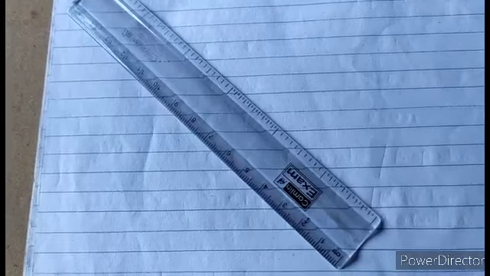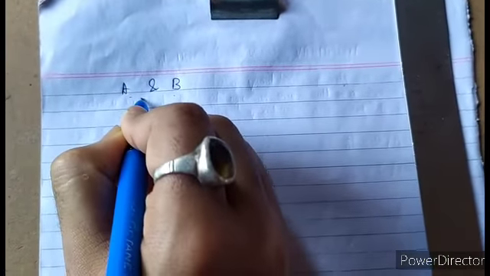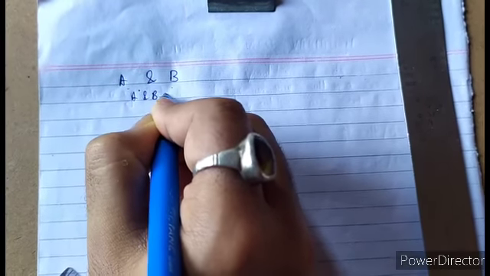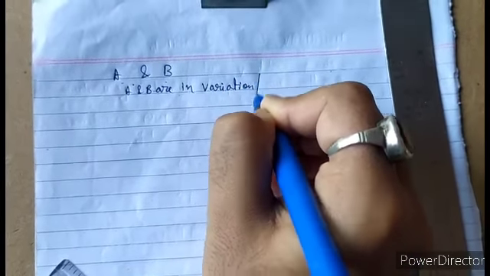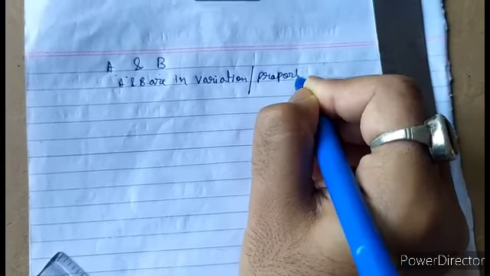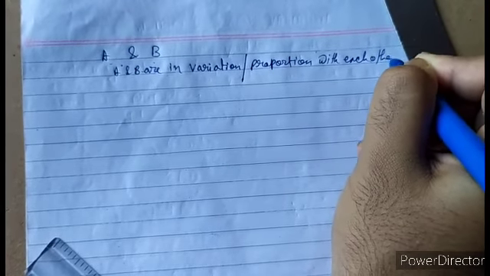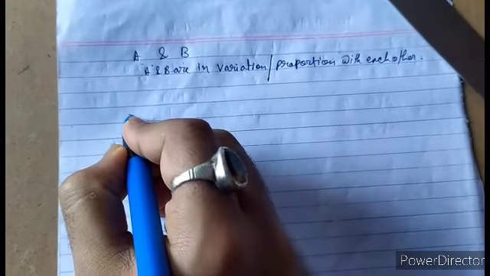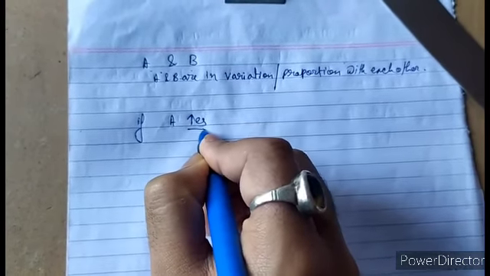In simple words, it wants to say that if there are two quantities, say A and B, and these are in variation or proportion with each other, then if A increases, this sign defines increase.